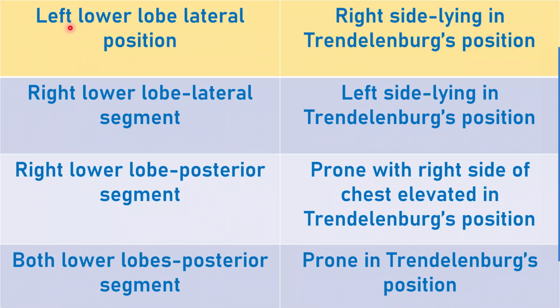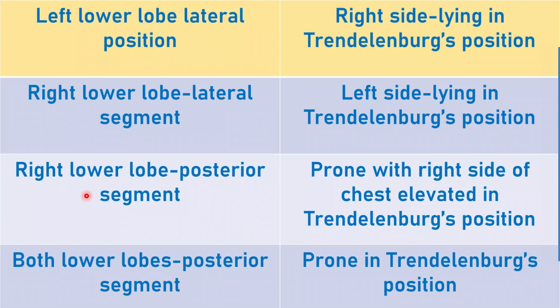So if you're draining for the left lower lobe lateral position, you can place the client in right side lying in Trendelenburg position. And if you are draining for the right lower lobe lateral segment, you can position your client in left side lying in Trendelenburg's position too.